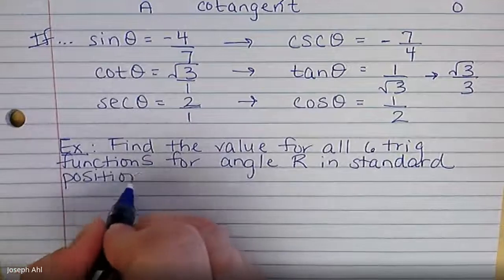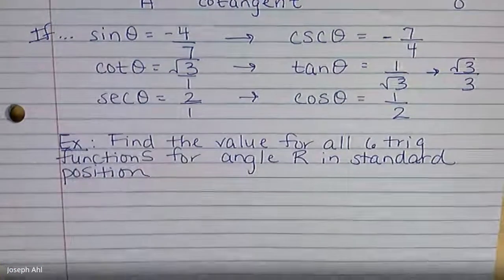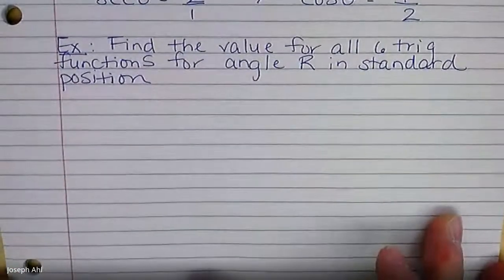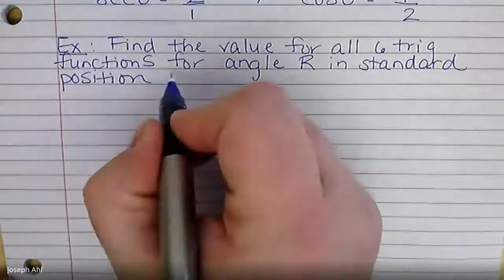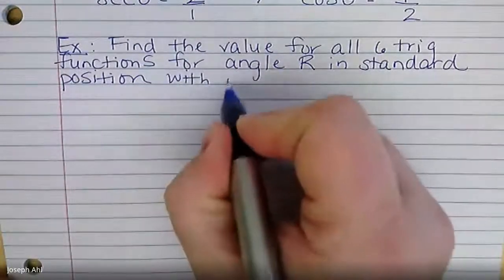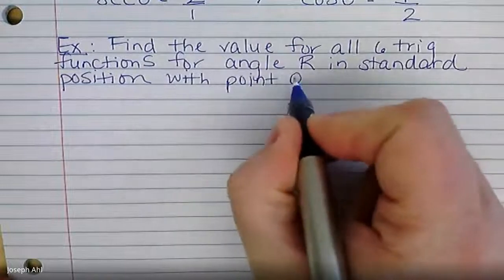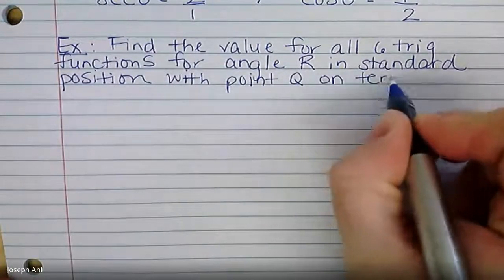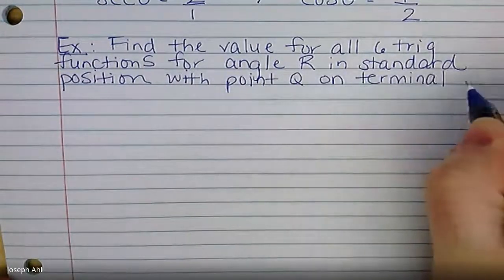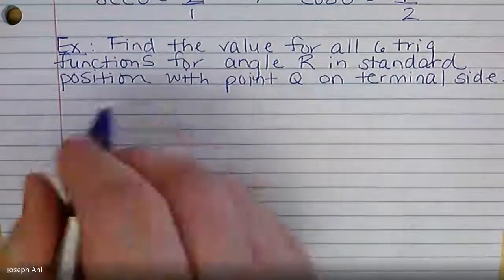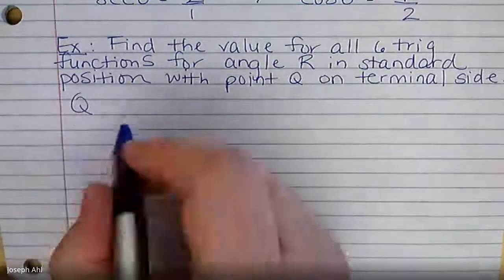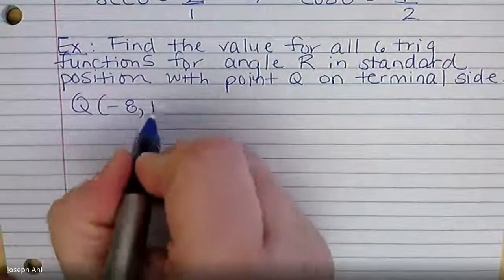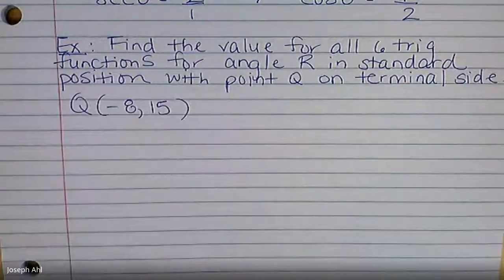So find the value for all 6 trig functions for an angle R in standard position with point Q on the terminal side. And I'm going to define the point Q for you here as -8, 15.